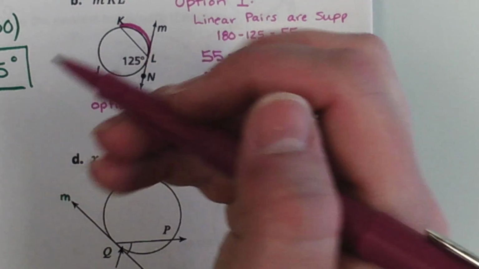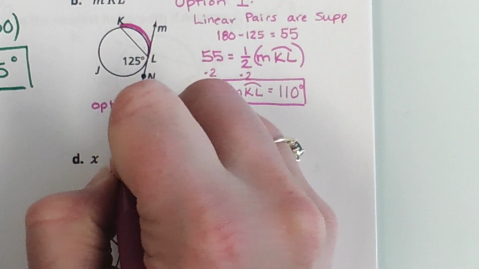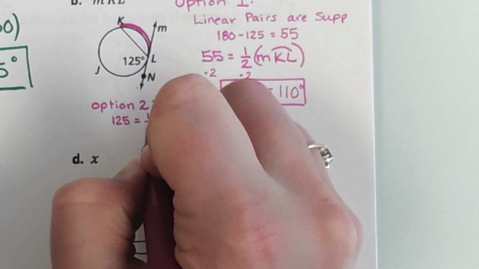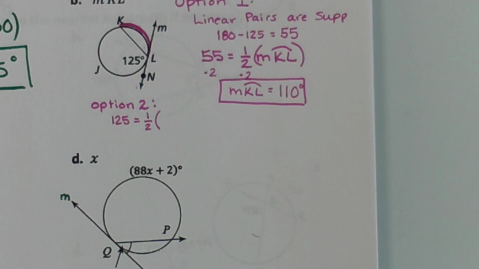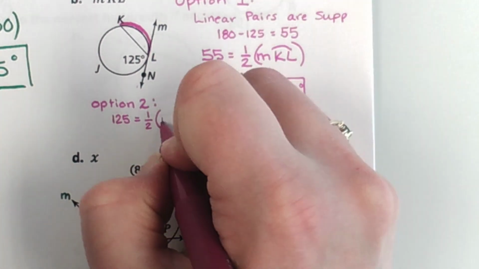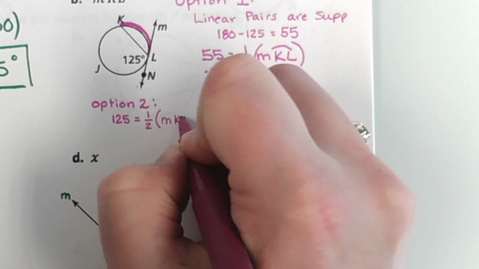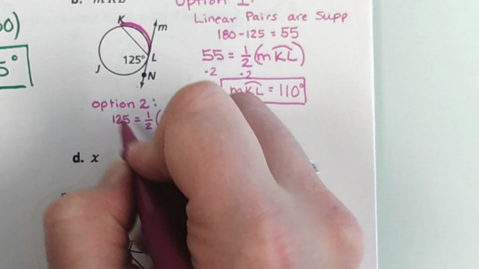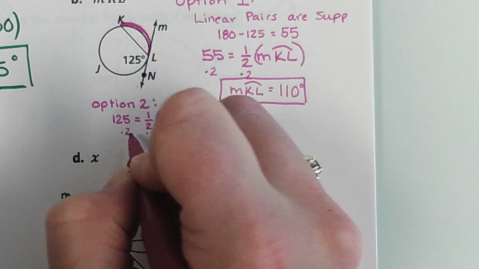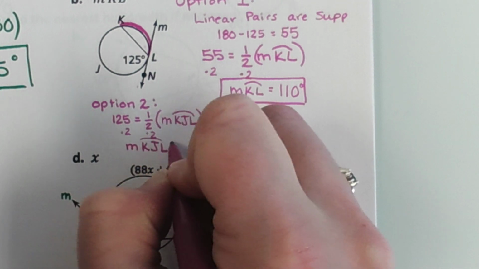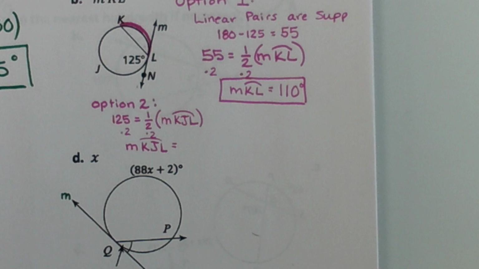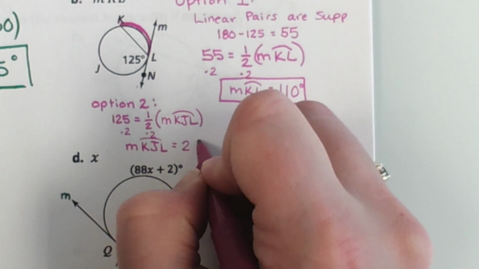The angle, 125, equals 1/2 the measure of its corresponding arc, and its corresponding arc was not KL, but KJL. Multiplied by 2, and we would have found that the measure of KJL is equal to 250 degrees.